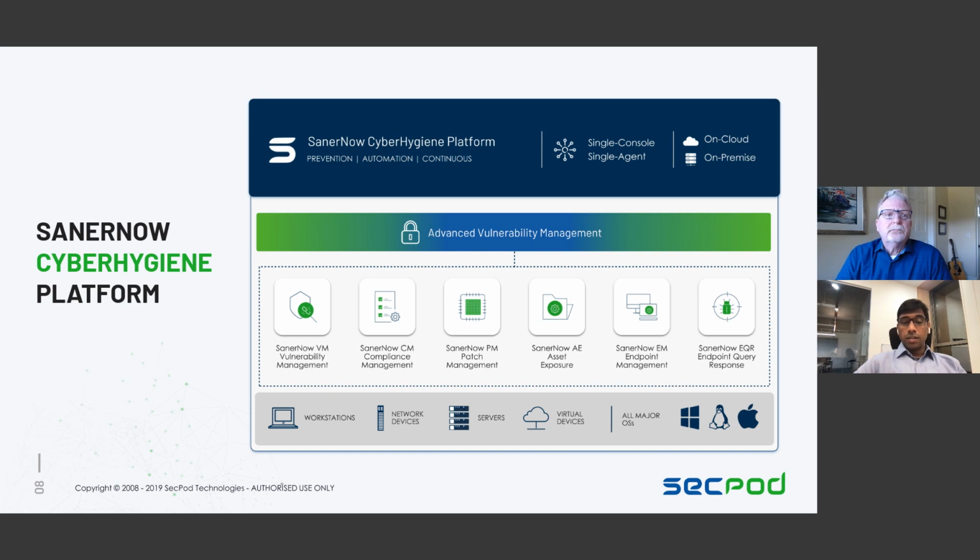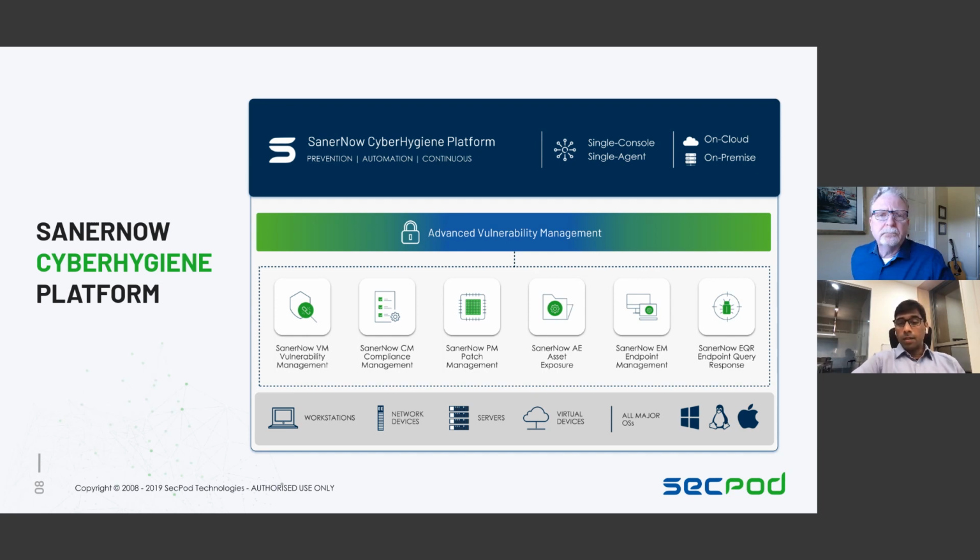Similarly, our configuration management and compliance management tool is again running the scans and figuring out the deviations within the same engine. Then patch management takes the data points that are discovered as vulnerabilities and misconfigurations. Our patch management system helps mitigate those within the same console.